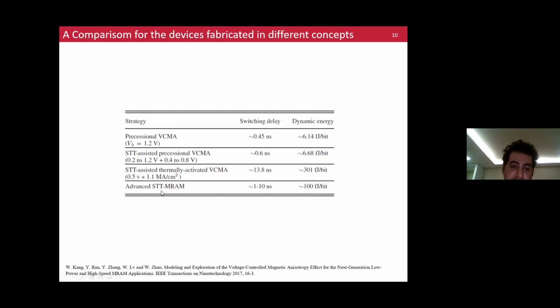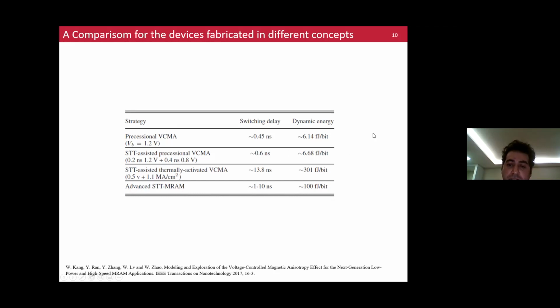In these STT MRAMs, the energy required for writing a bit is almost 100 femtojoule per bit, and the switching takes time, almost 10 nanoseconds. And this is the advanced and optimized STT MRAMs.